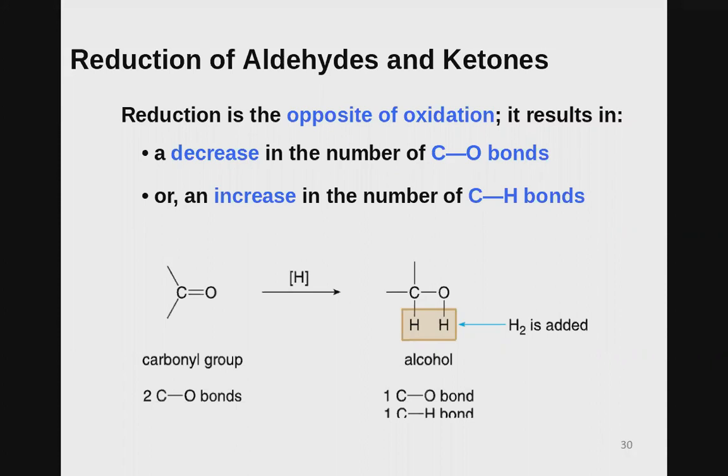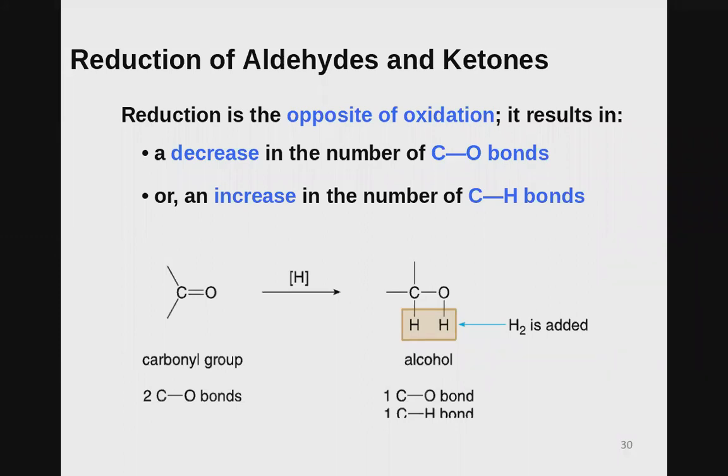So what does this look like? Well, we're decreasing the number of CO bonds, thus increasing the number of CH bonds, which is the exact opposite of oxidation. Remember, in oxidation we increase the number of CO bonds and decrease the number of CH bonds. So oxidation versus reduction, two different processes, but different sides of the same coin.